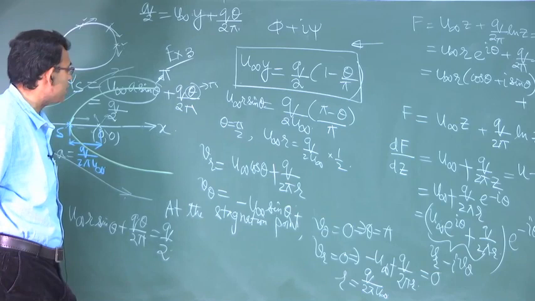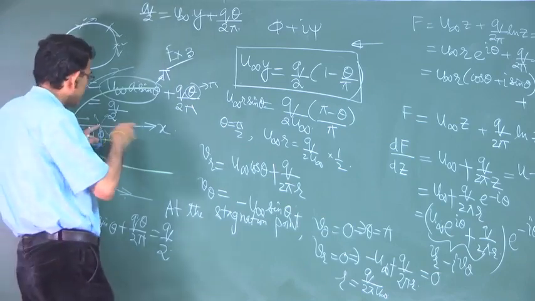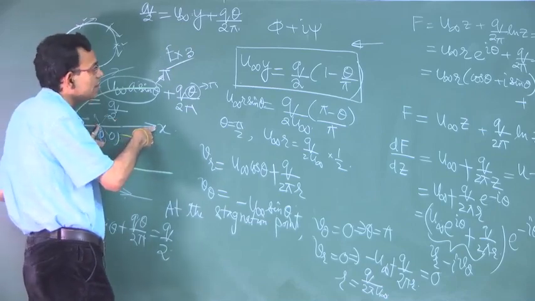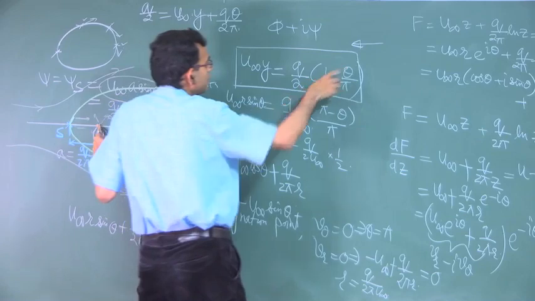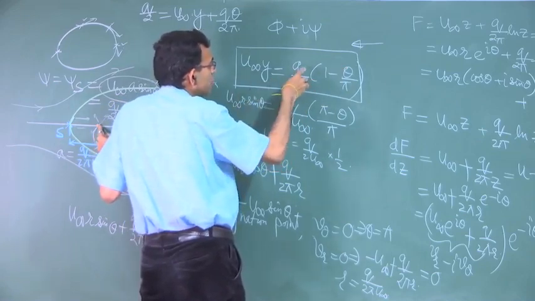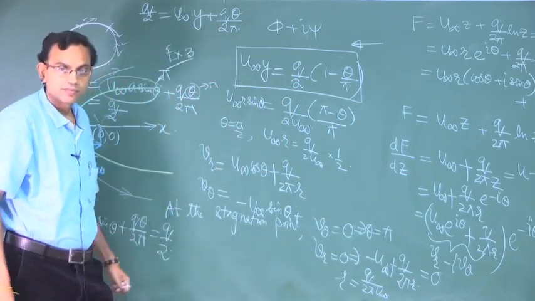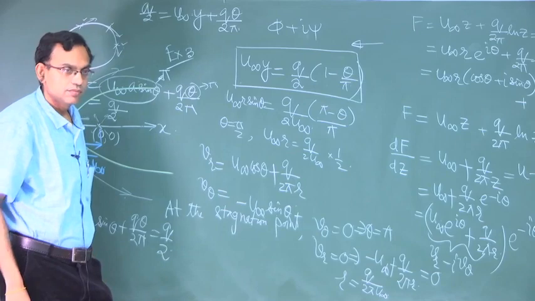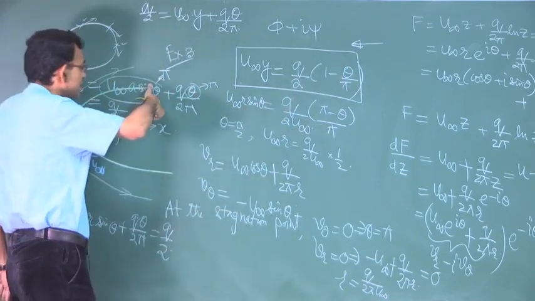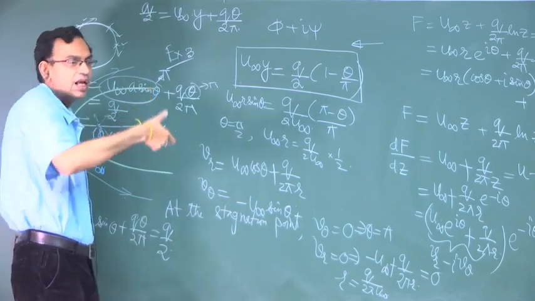So, when theta is equal to 0, all lines on this x axis will correspond to theta equal to 0. When theta equal to 0, you will see that it is asymptotically attaining a height which is q by 2 pi u infinity. You put theta equal to 0, you will see that this asymptotic height is recovered, that is the height of the body.